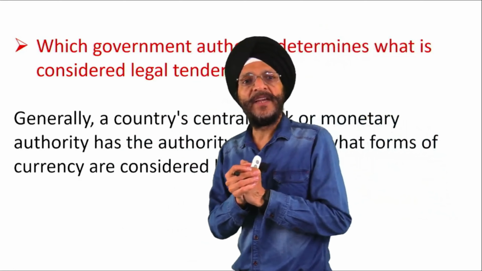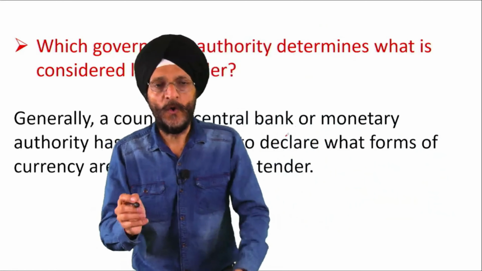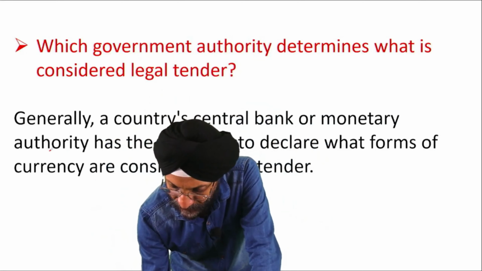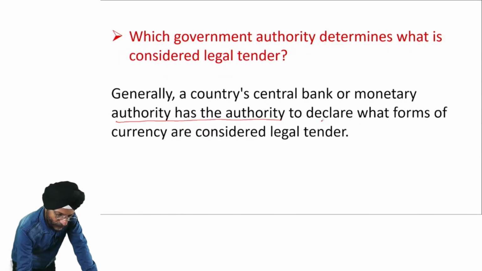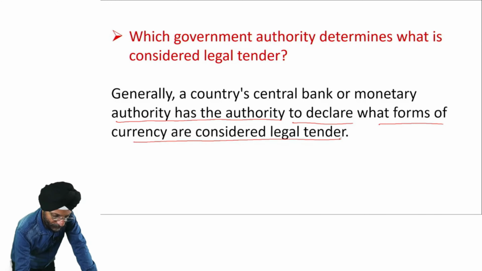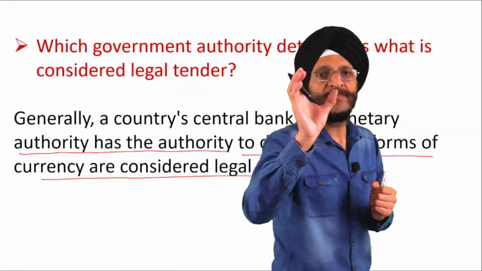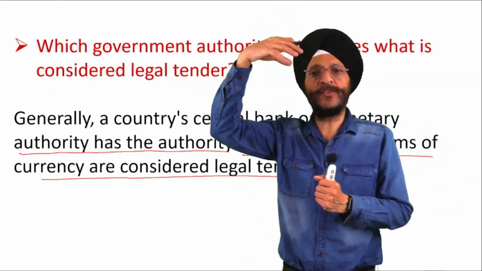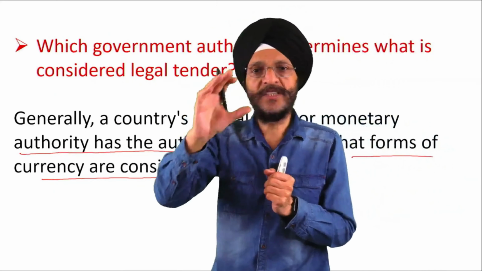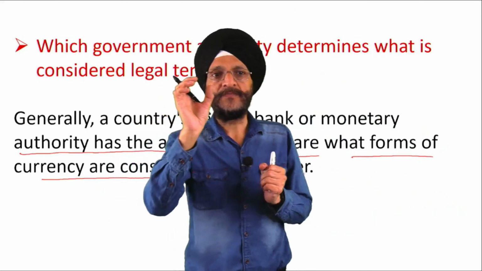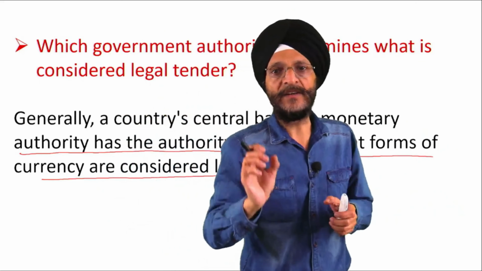Generally, a country's central bank or monetary authority has the authority to declare what forms of currency are considered legal tender. That is, it is ultimately the central bank or the monetary authority of the country which decides what form of currency is legal tender.